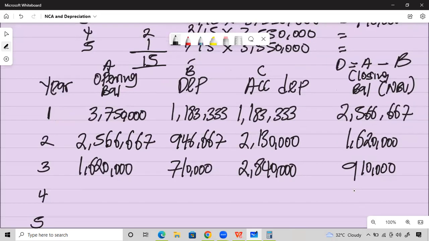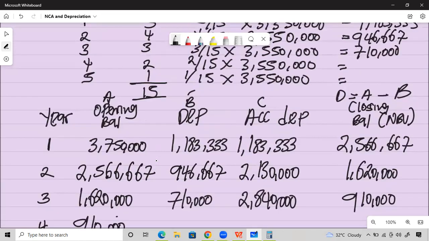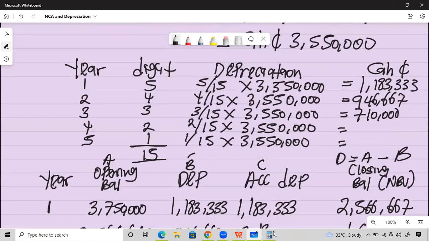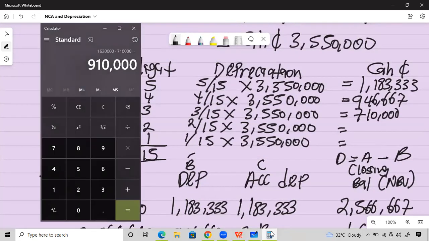There's something that I would like to explain to you at the end of the day. Let's go together. So this is 910. The closing balance must be the same. So let's just finish this depreciation.